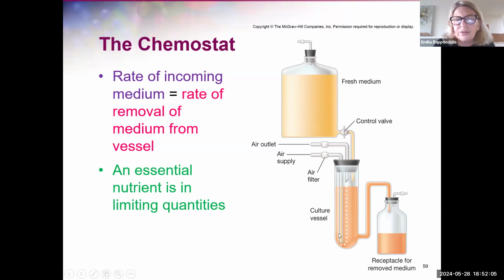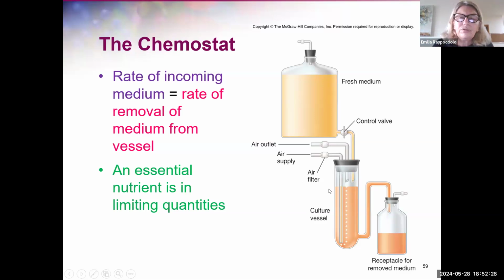There might be an air supply if it is an aerobic culture. As much as I add, I have to take out, because I want to remove the waste. I don't want to increase the volume. I don't want to dilute the culture. I want to keep it always in the same condition.